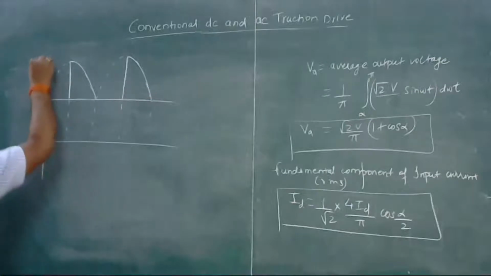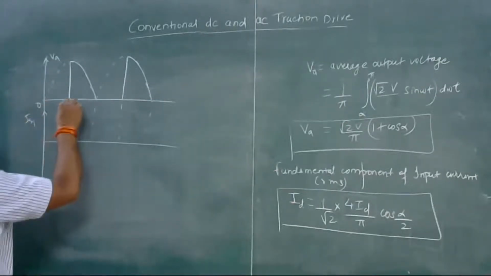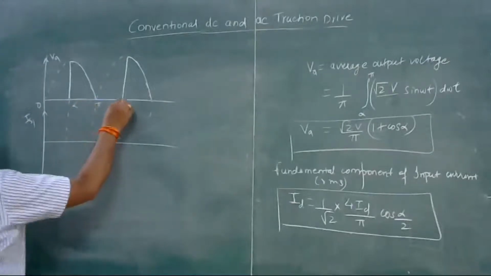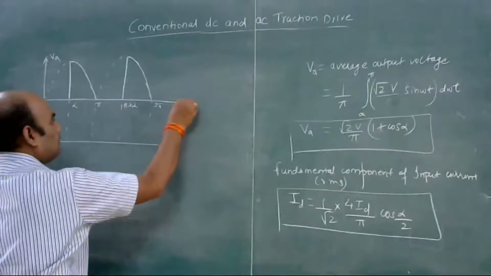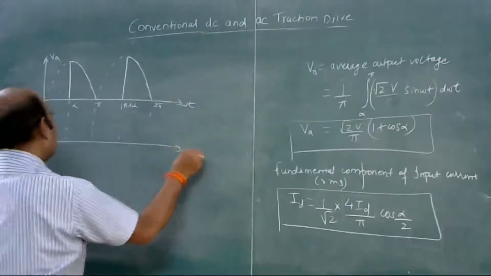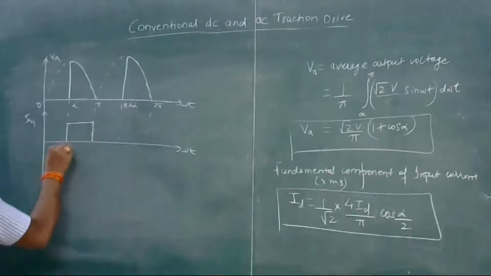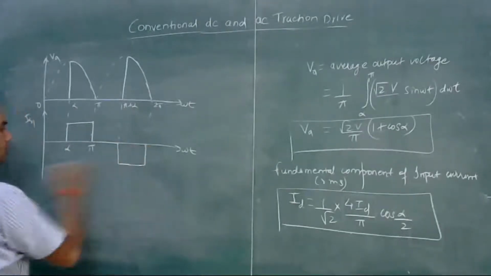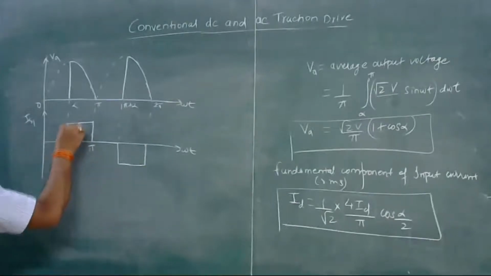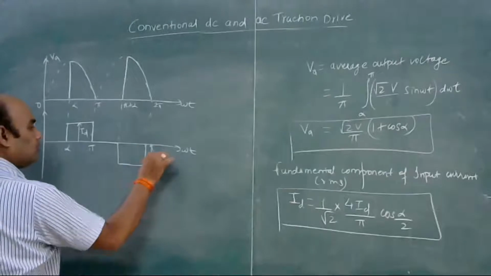This is 0, this is VA, minus 1, alpha, pi plus alpha, omega t.